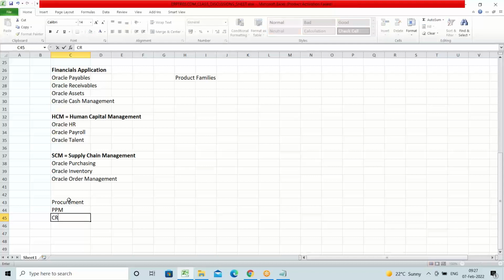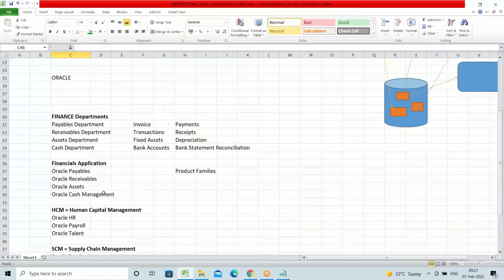Let's say CRM, customer relationship management product family. This is how the applications are used in which business process or which relevant data related process. Accordingly, applications are grouped into different product families.